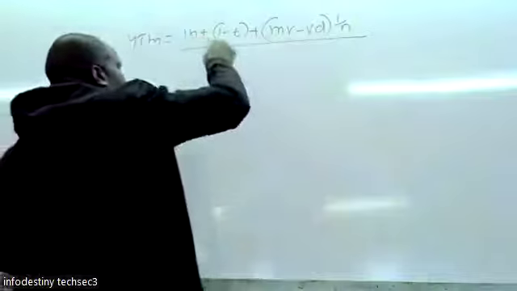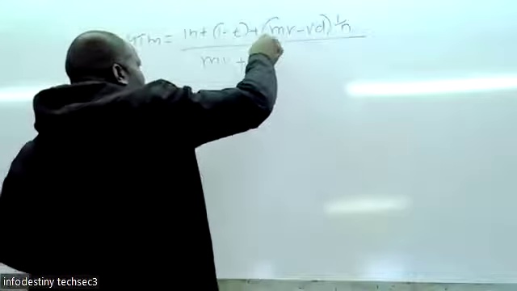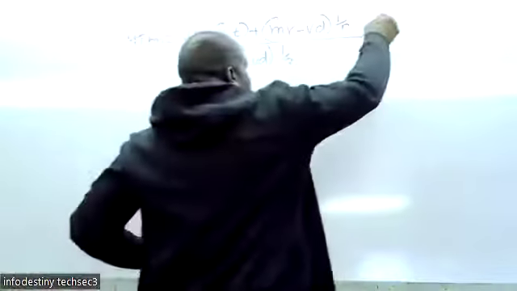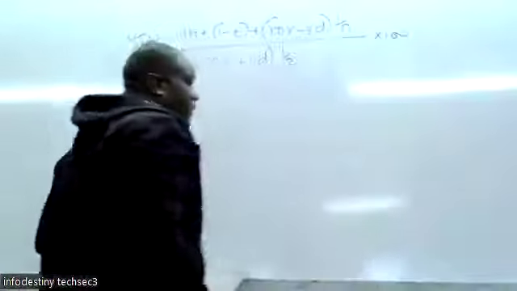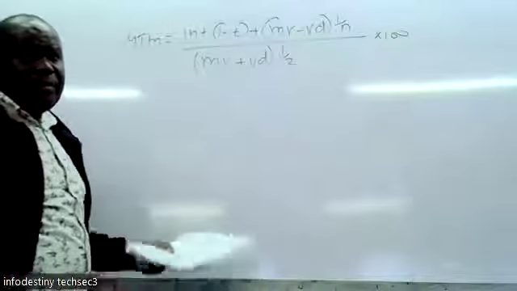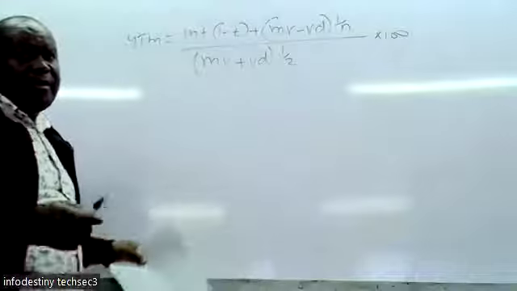We also divide by maturity value plus the current value. Then we express it as a percentage.